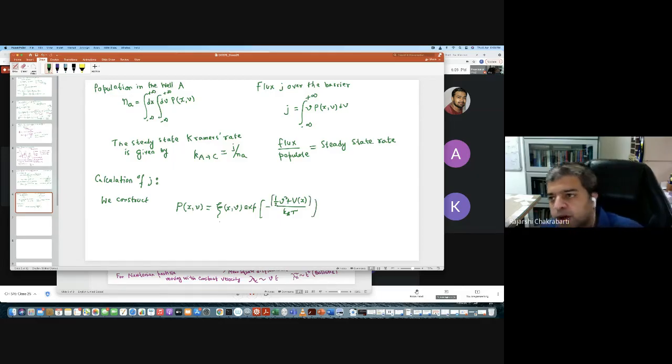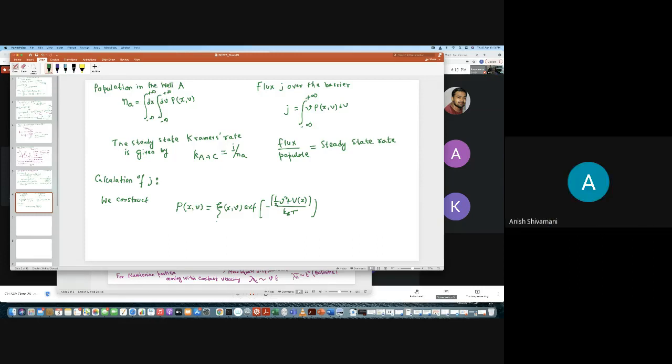When xi is equal to some constant, a proper normalization constant, this gives you the Boltzmann distribution. So it's not the Boltzmann distribution. This accounts for deviation from the Boltzmann distribution. So that's why it's not an equilibrium distribution. It is a steady state distribution. Is this clear? Yes.